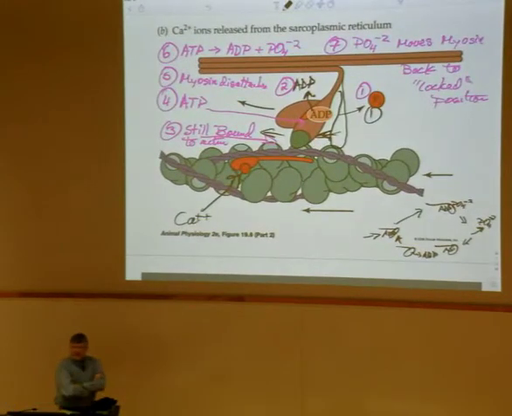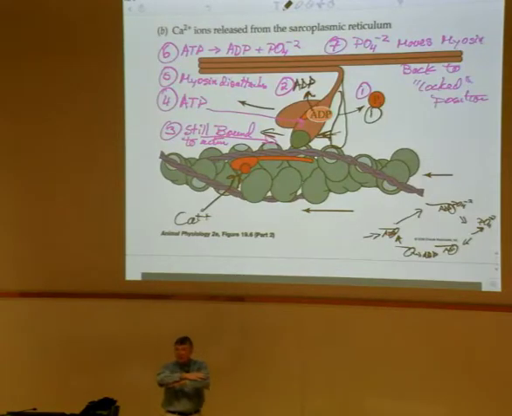Okay, any questions? Zach? So is there always enough tension on the actin itself that it doesn't slip back? So what happens at the end of this is basically what you're wondering. Once the calcium is removed by calcium pumps, the tropomyosin covers up the actin binding sites for myosin, and the process is going to stop.